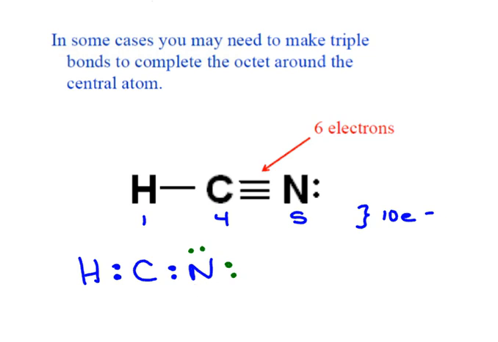Moving a pair of electrons towards the center keeps 8 around the nitrogen, and carbon is up to 6. We're still not at enough, so I'm going to migrate 1 more pair into the center. At this point, I can circle 8 electrons around a nitrogen, 8 electrons around a carbon, and of course 2 around a hydrogen. Because there are 6 electrons shared between carbon and nitrogen, we have a triple bond.